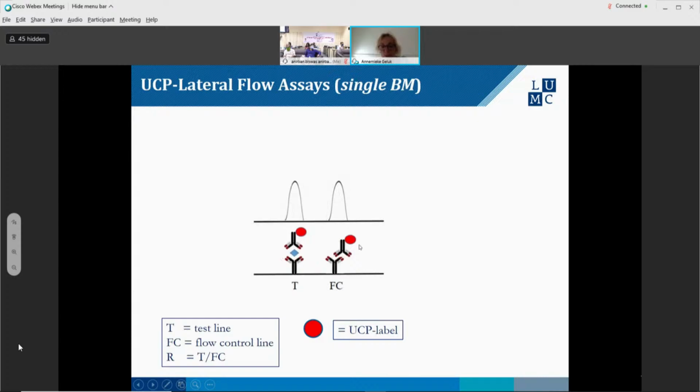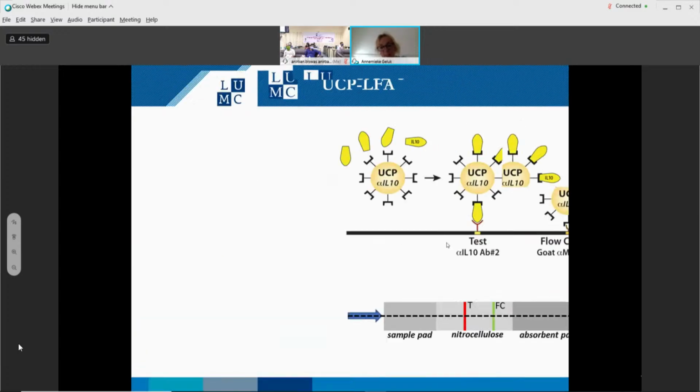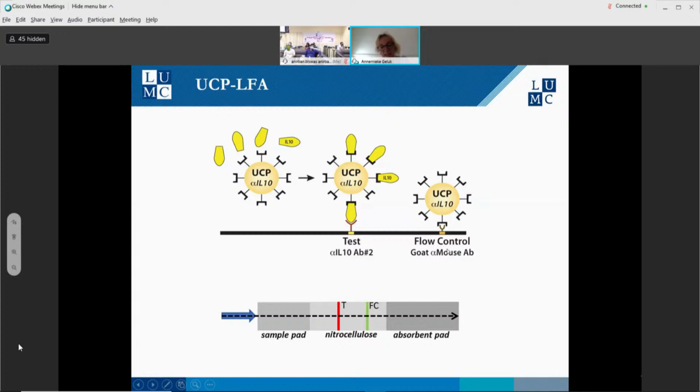And this is what you see when there is both test line positivity and flow control positivity. So then it means that on the test line, the biomarker has bound, and then the UCP biomarker has again bound to the test line. And this slide is a little bit more schematic. You see, for instance, this is a UCP lateral flow test, which is specific for IL-10.